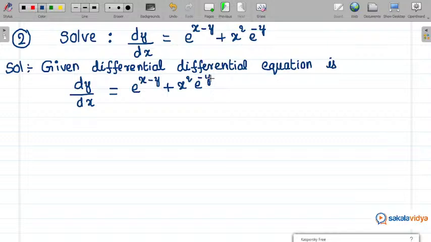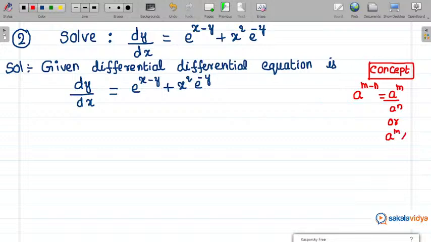Okay, what is the concept we need to make use of here? Let us use the basic concept from algebra. We have a to the power of m minus n equal to a to the power of m upon a to the power of n, or this can be written like this also, a to the power of m multiplied with a to the power of negative n. Both ways we can write.